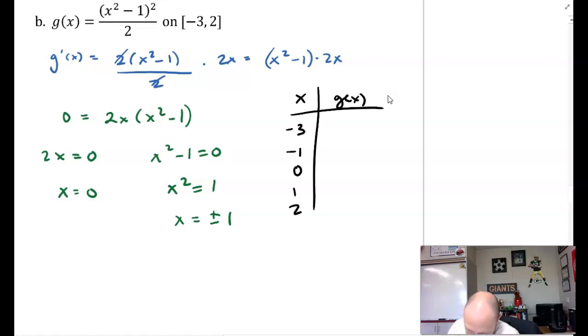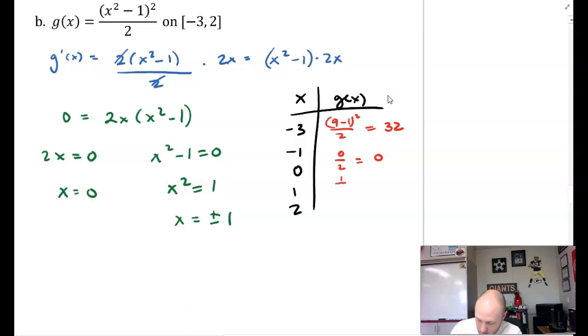So it looks like we have (9 minus 1) squared. That's going to give us 8, 64 over 2 is 32. If I plug in -1, we get 1 minus 1, that's 0 over 2, so there's 0. If we plug in 0, we get (-1) squared.